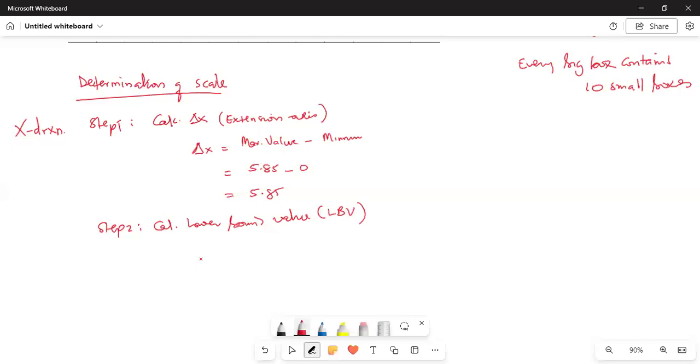So the lower bound value, LBV, is simply equal to change in x over number of boxes in x direction.